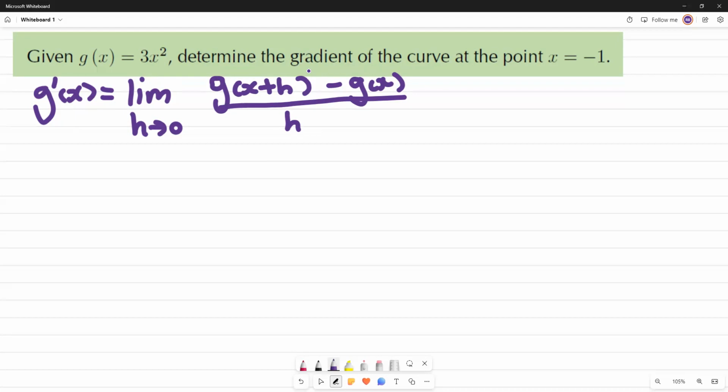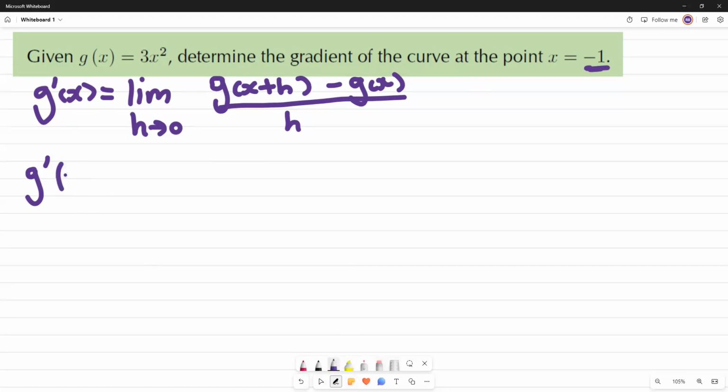Okay, perfect. But we're looking for x equals -1. So I'm going to replace all the x's, this one, and that one, and that one with -1. So I'm looking for g prime -1. Okay, let me write this nicely. Okay.